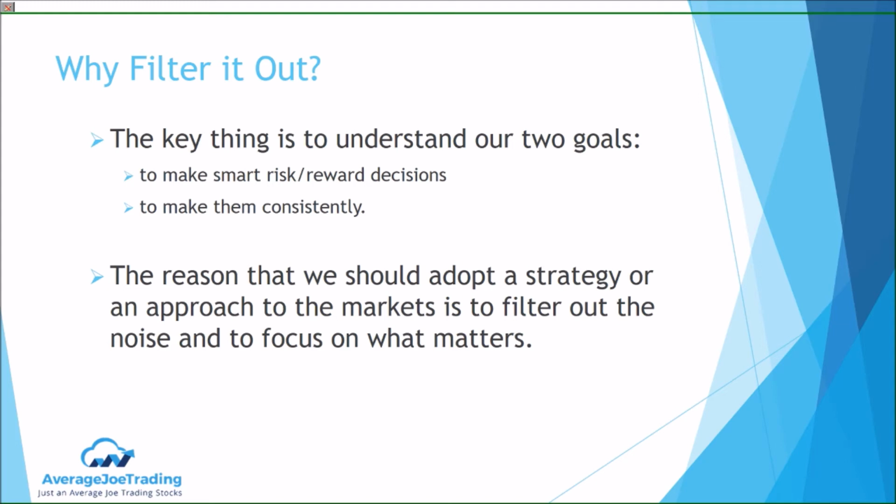The thing is, we have two goals: to make smart decisions based on the risk reward parameters that we set, and to be consistent with what we do. And we have to have a strategy or some type of approach to the market that we can follow, that's going to allow us to filter out the noise.